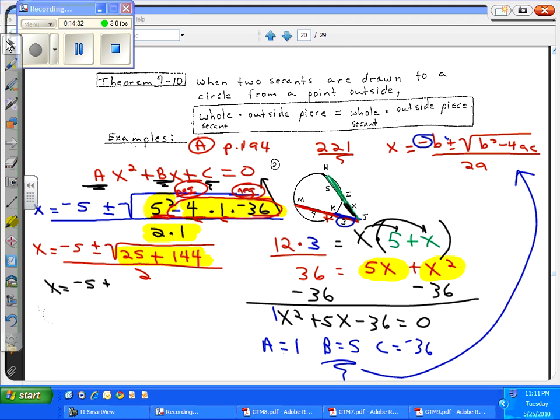And so we're going to have x is equal to the opposite of b, negative 5 plus or minus the square root of 25 plus 144 is 169 over 2. Now we're going to take the square root of 169, which is either 13 or negative 13.